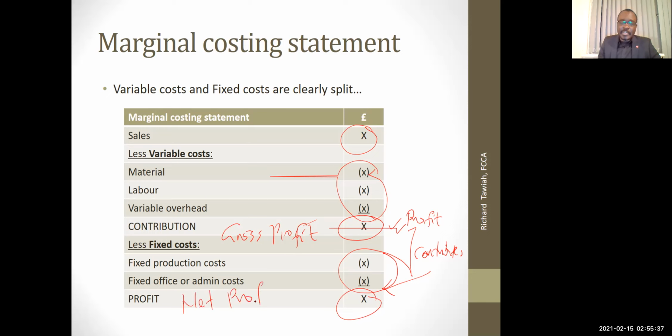Now the contribution from each unit, like I said, contributes towards meeting the fixed cost component of the organization, and then the remaining becomes the pure profit that accrues to the organization. Let's take an example. The selling price is 45, and the direct material cost is 20.